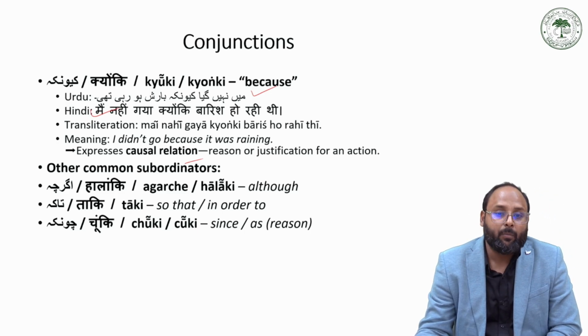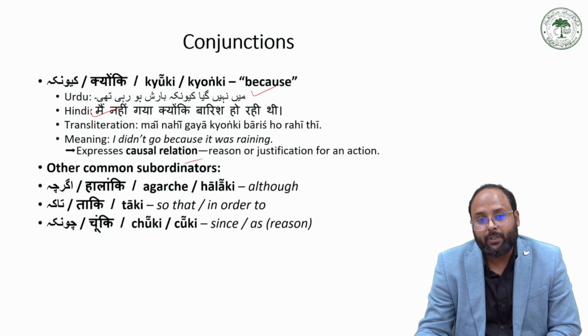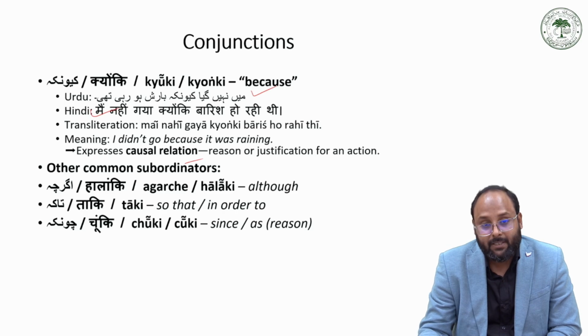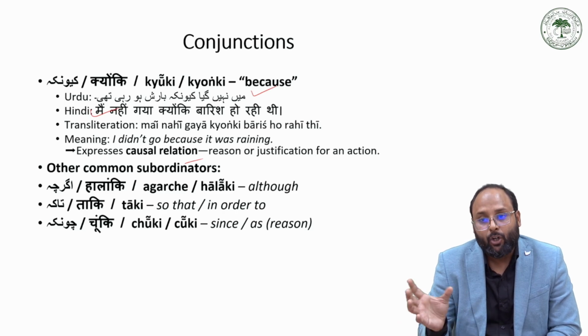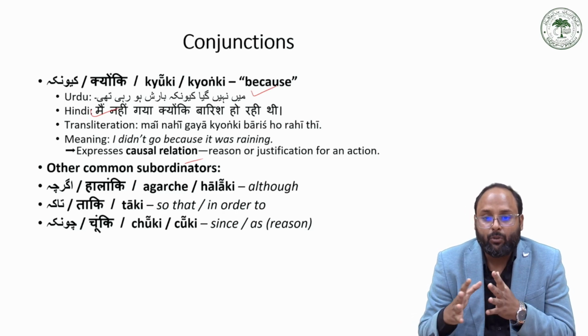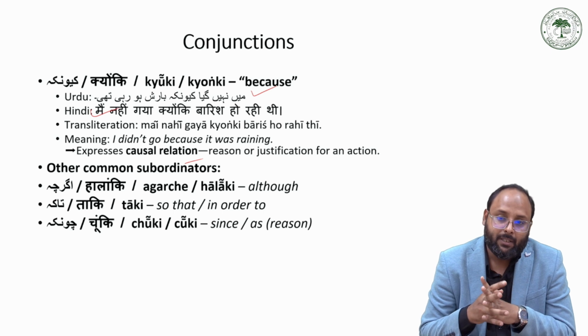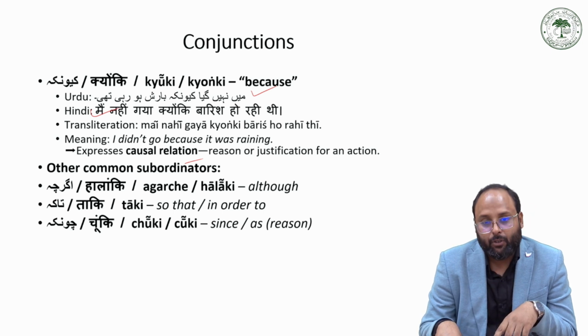Other common subordinators in Urdu Hindi are अगरचे, ताकि, हालांकि, चुनांचे, चूंकि. They function as conjunctions adding two clauses, one the main clause and the other the dependent or subordinate clause.